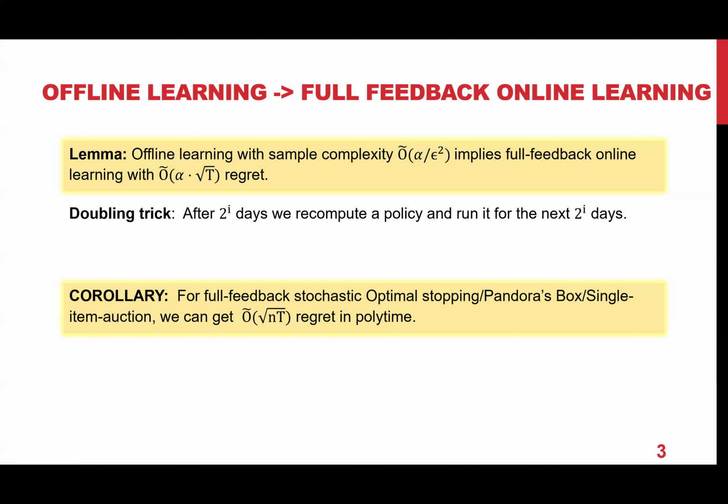That basically translates to something like, did I mess up something? I think I messed up. It's n times root T, not square root n square root T. It will be n times square root T regret for all of these problems. Yeah, n should have been outside the square root. But that's an immediate corollary. Does this make sense?